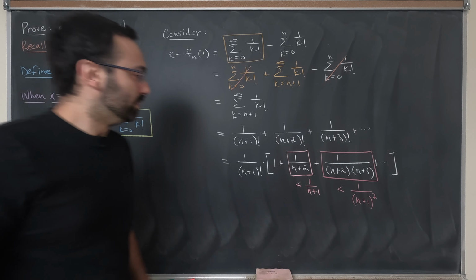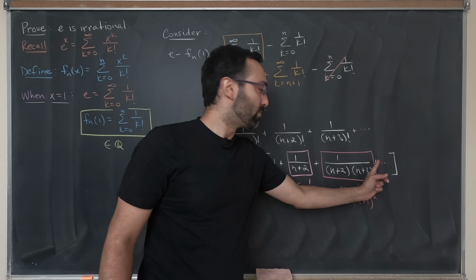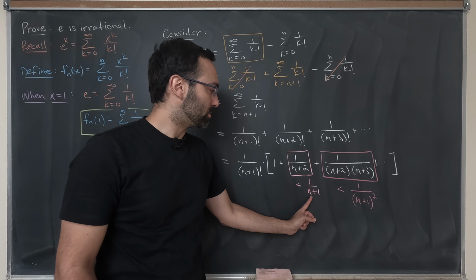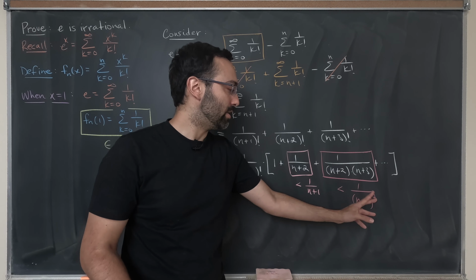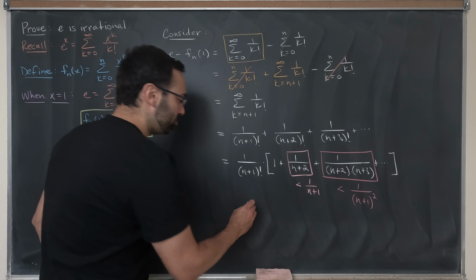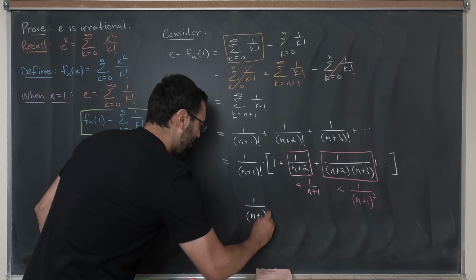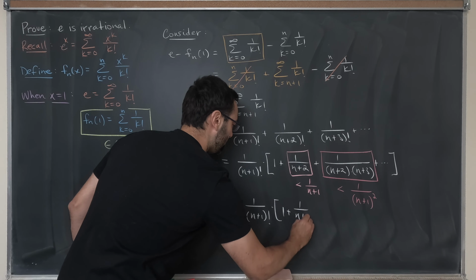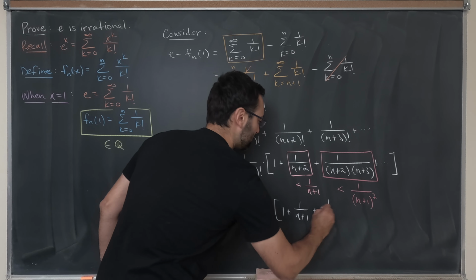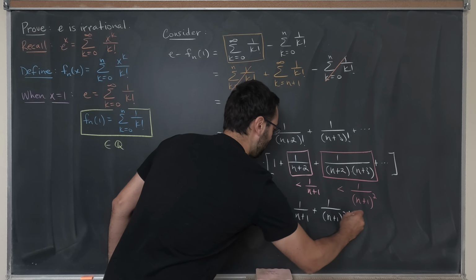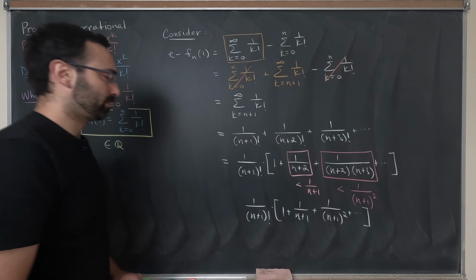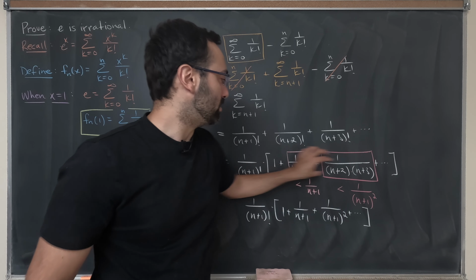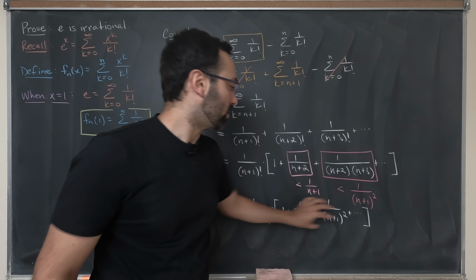Well, from what we have in brackets versus what we would have in colors here, 1 over n plus 1 plus 1 over n plus 1 squared, etc., that new series of 1 over n plus 1 factorial times 1 plus 1 over n plus 1 plus 1 over n plus 1 squared, etc. Comparing these two, this is obviously smaller because all the quantities in here, except this one, are less than the quantities in here.